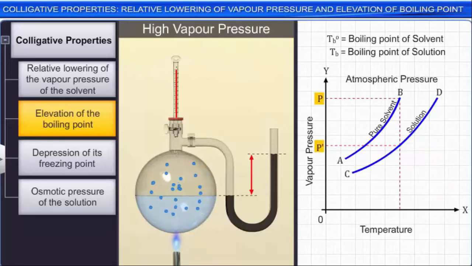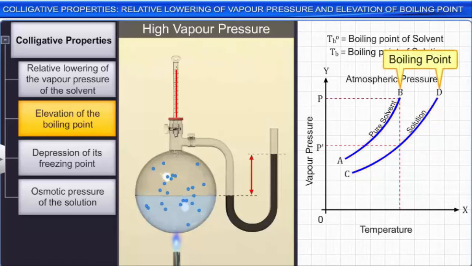Therefore, the curve corresponding to the vapor pressure of the solution lies lower to that of the pure solvent. The temperatures at which the vapor pressure of the solvent and the solution become equal to the atmospheric pressure are Tb naught and Tb respectively.